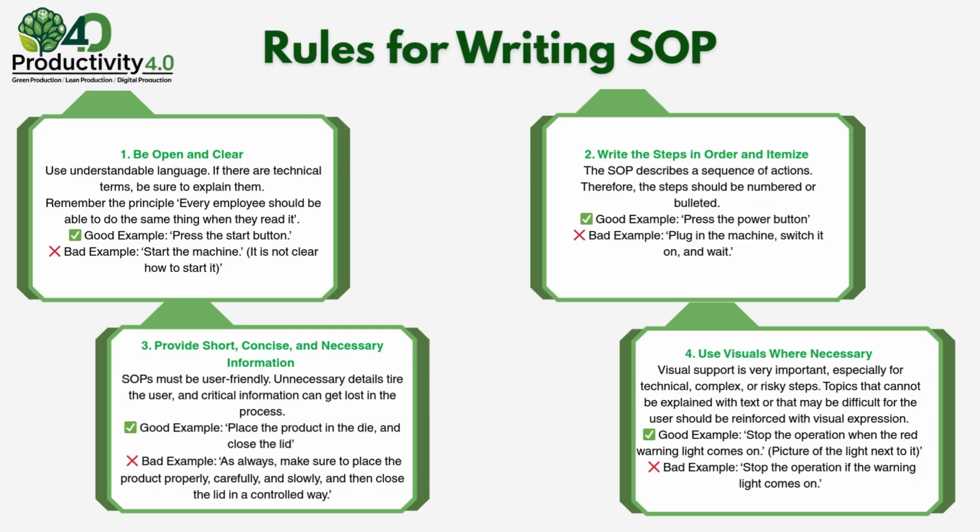Additionally, using visual elements can make the standard operating procedure easier to understand and reduce complexity. Visuals facilitate faster understanding of procedures, easing training and implementation. Finally, it should be remembered that standard operating procedures must be regularly reviewed and updated. Processes change over time, and standard operating procedures should reflect these changes to remain effective.